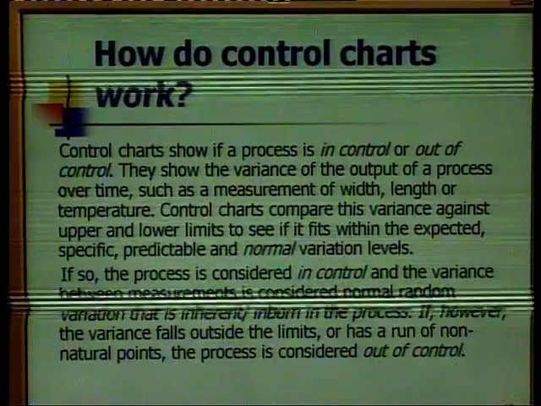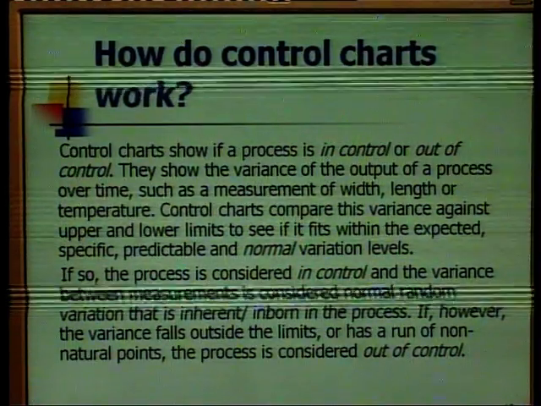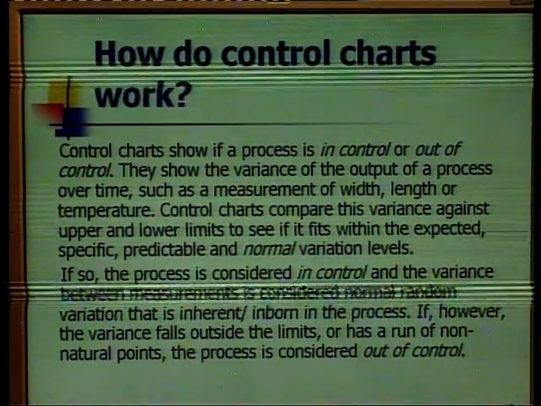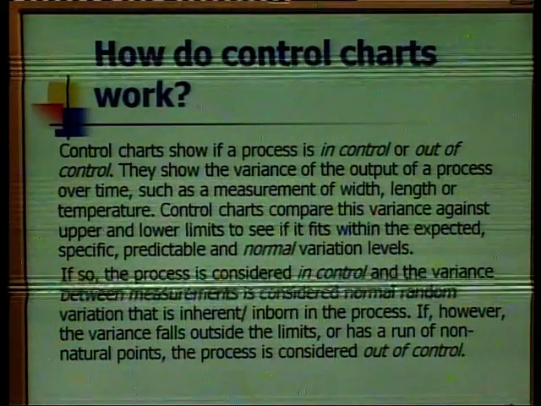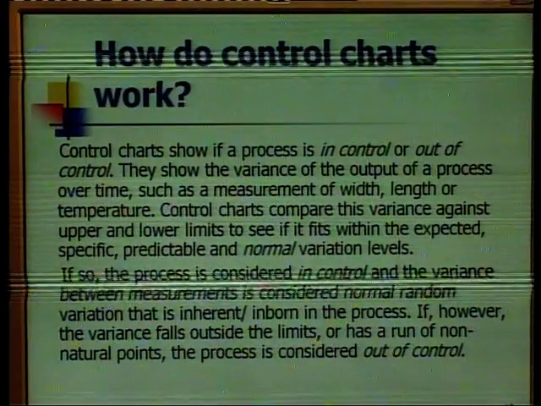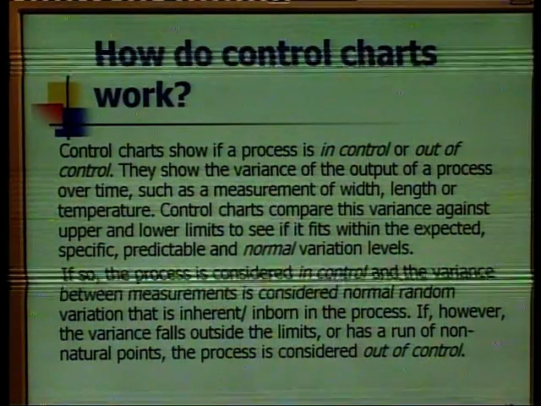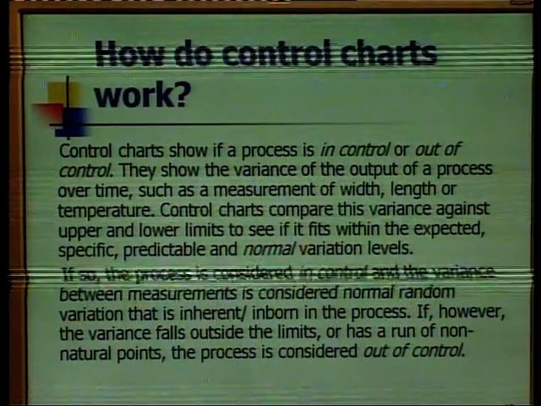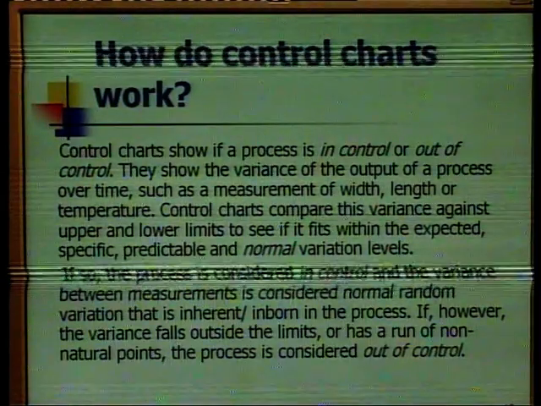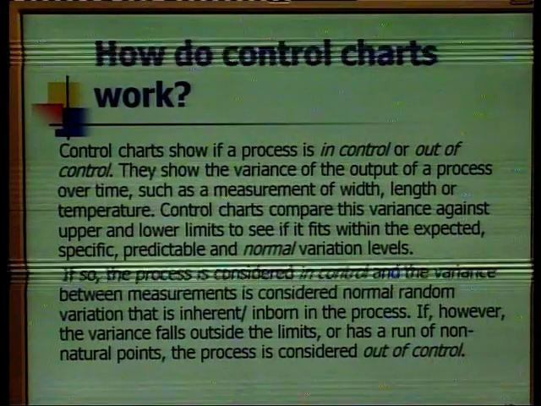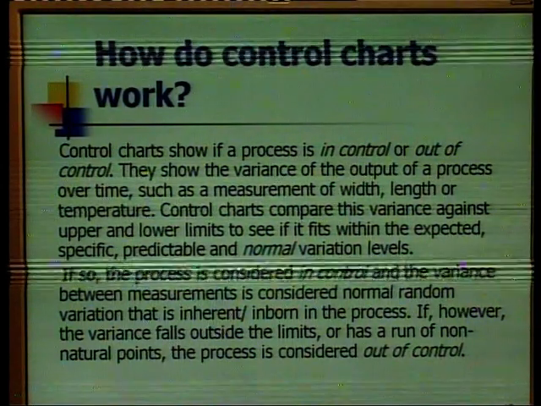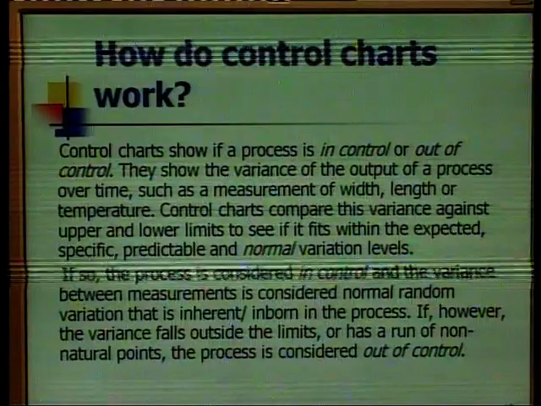Now, how do control charts work? The control charts show if a process is in control or out of control. I have already told you that if the points are falling within the limits, we can say that the process is in control, and if the points are beyond the limits, we can say that the process is out of control. They show the variance of the output of a process over time, such as measurement of width, length or temperature.